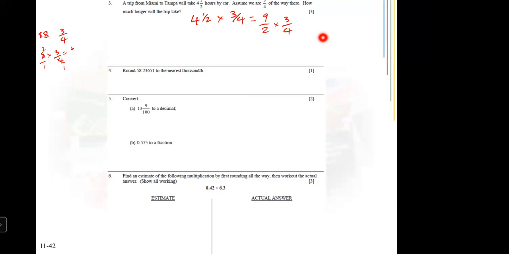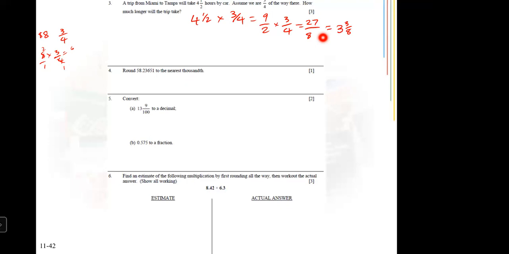Can we do any canceling here? Let's see. No. So that's going to be 27/8. So you have covered that portion of the journey. That's equal to 3 3/8. That's how much you have covered.